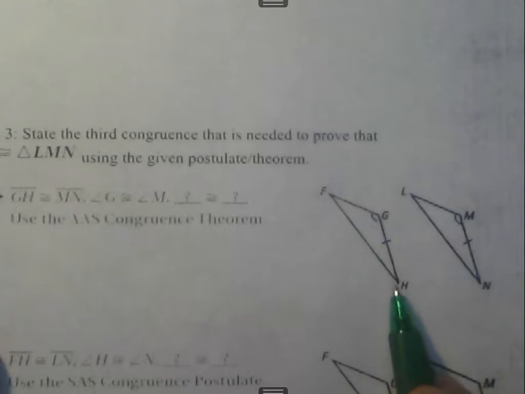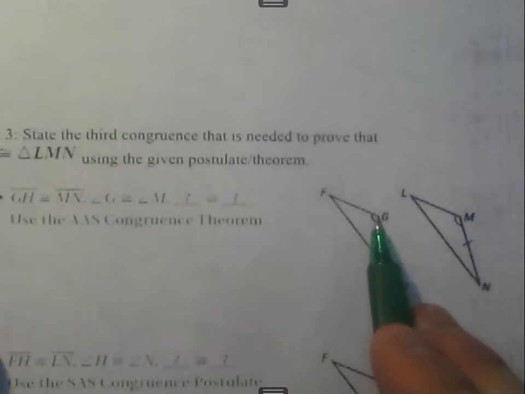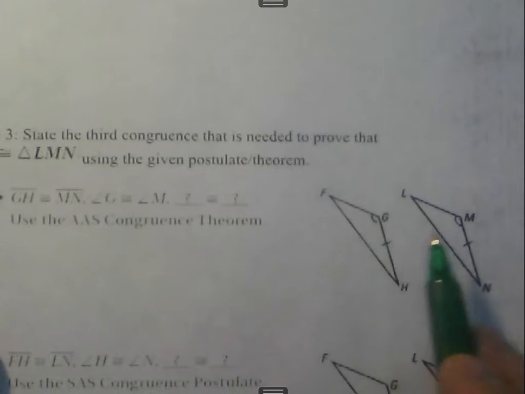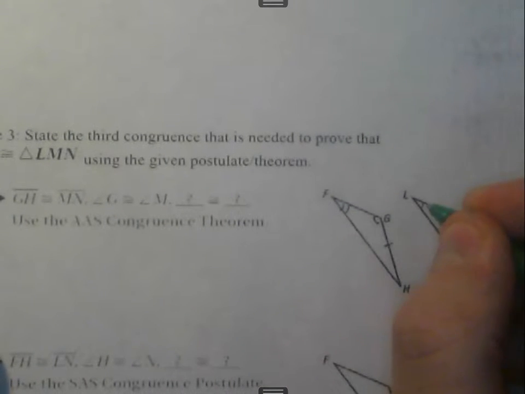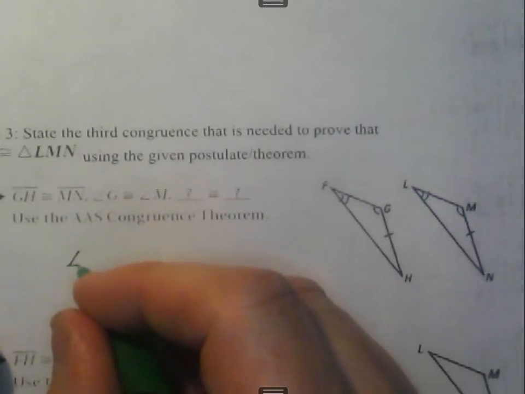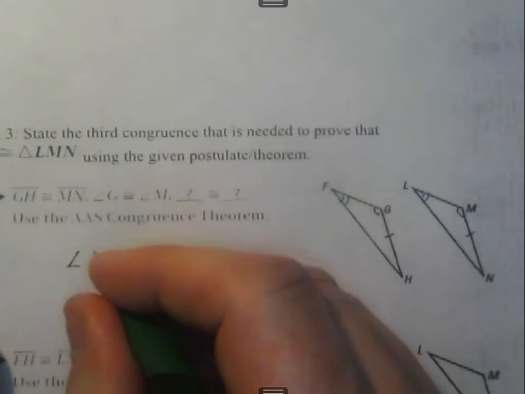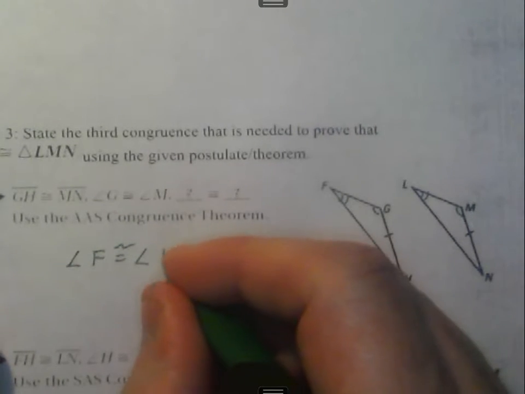So I can't put it here because that would be angle, side, angle. I have to go angle, angle, side. So I need to say that the measure of angle F needs to be congruent to angle L.